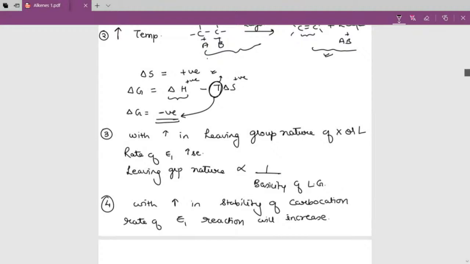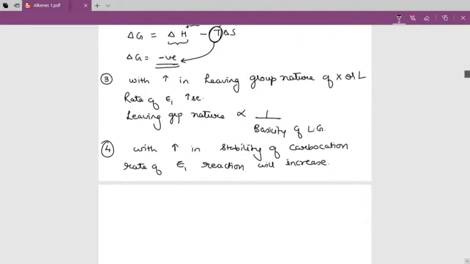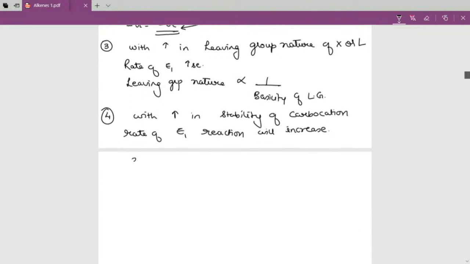As it becomes more and more stable, rate of E1 reaction will increase. Okay, and for that, let me write a 3-degree RL will be having a faster rate of E1 as compared to 2-degree RL as compared to 1-degree RL.